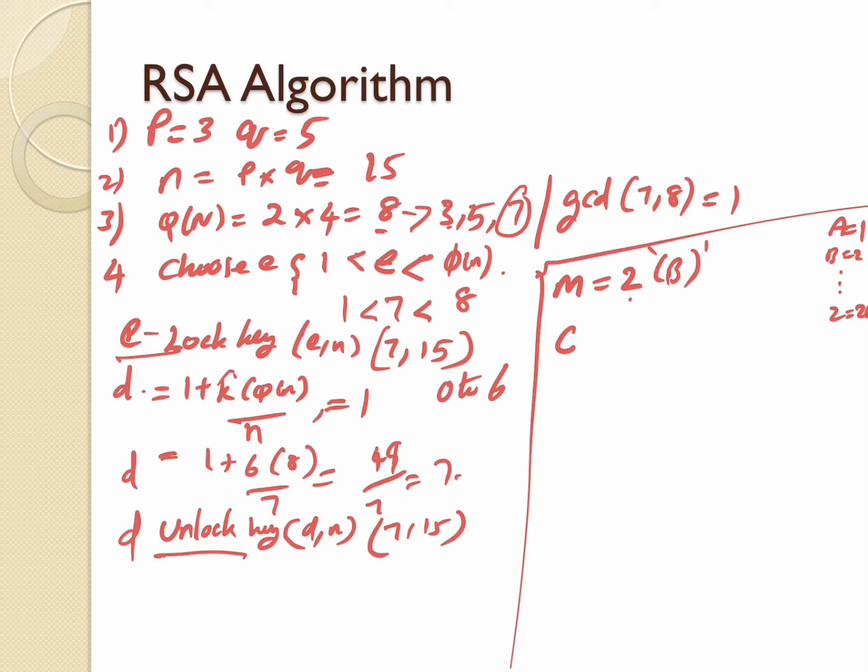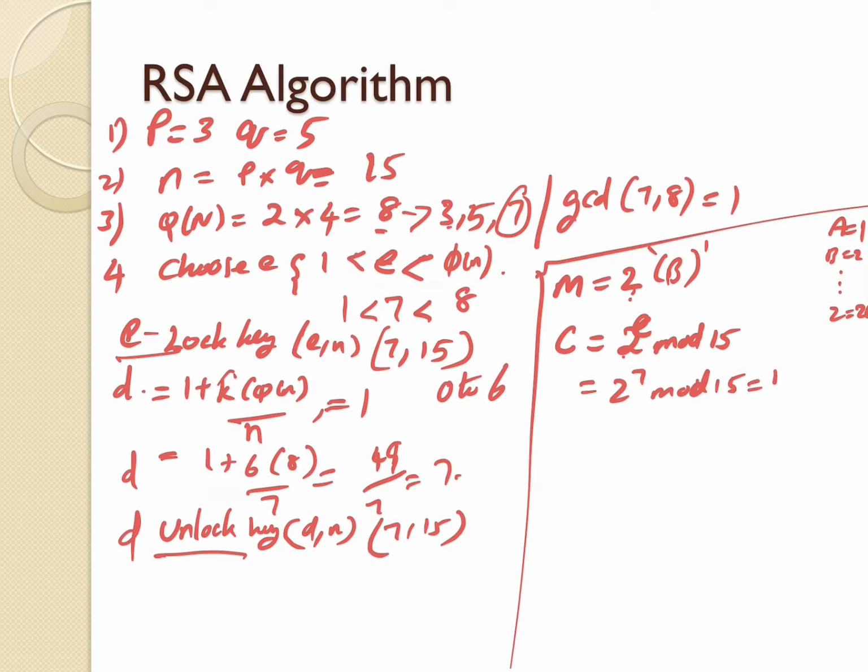There is a formula that we use for ciphertext: C is equal to 2 power e mod 15. This 2 is the message, the plain text, to the power of e, mod 15. So 2 power 7, since e is 7, mod 15.